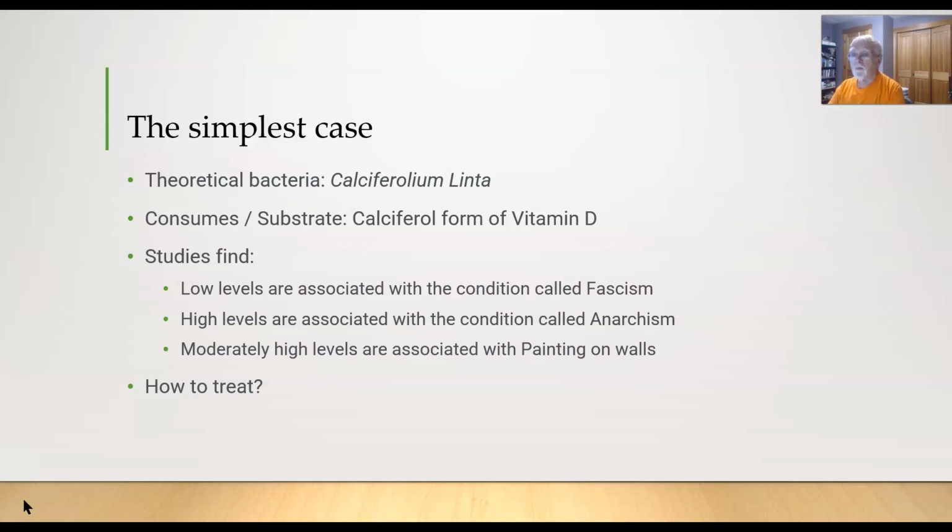It consumes, that is, its substrate is the Clostridium form of vitamin D. It's nice and simple. Study shows that low levels are associated with a condition called fascism, high levels associated with a condition called anarchism, and moderately high levels are associated with painting on walls, slogans. So how do we treat this particular bacteria issue if it's out of the ideal range?